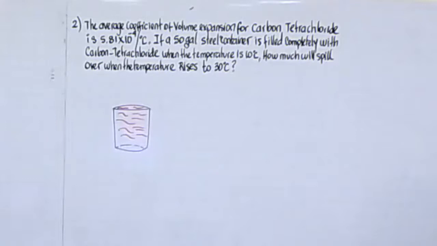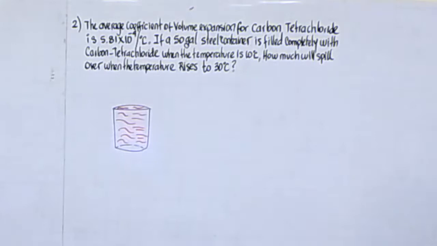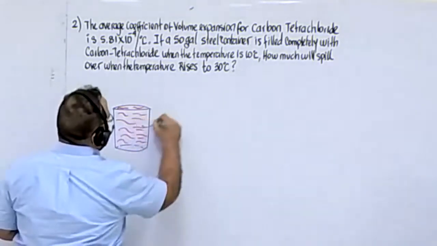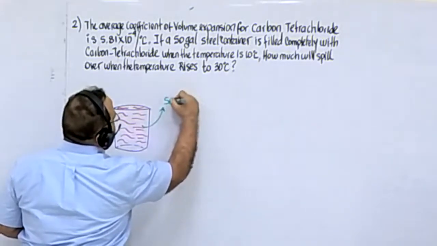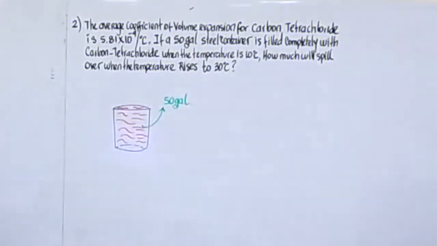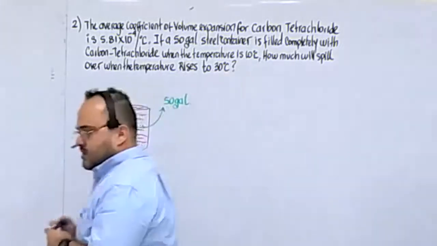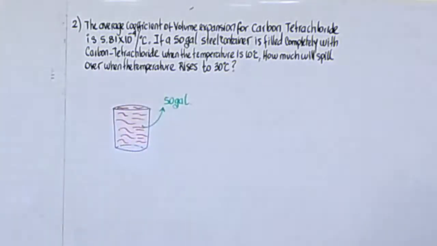And this volume has a total capacity, according to the problem, of 50 gallons. Obviously, this volume will be the same for the liquid and the solid. At the moment, I'm going to identify what the data will be. First of all, let's talk about the carbon tetrachloride.